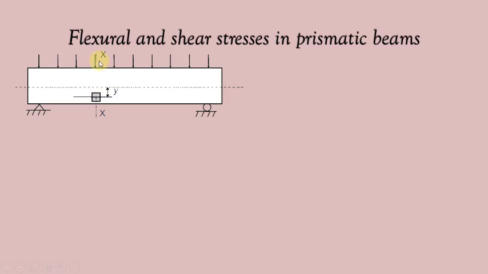We cut the section XX which passes through this element to expose forces acting in this section. These forces are moment M and shear force V. Moment M will result in flexural, that is normal stress Fx, while the shear force V will result in shear stress tau at any point in the section.